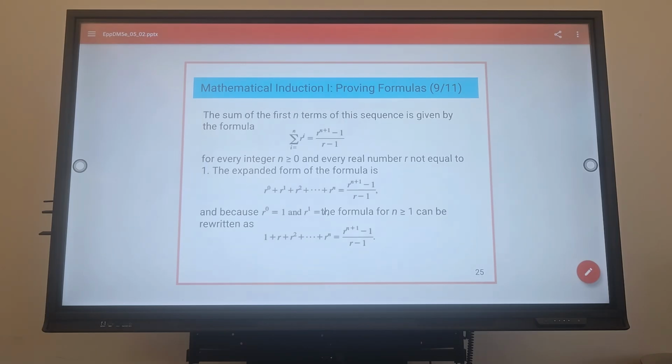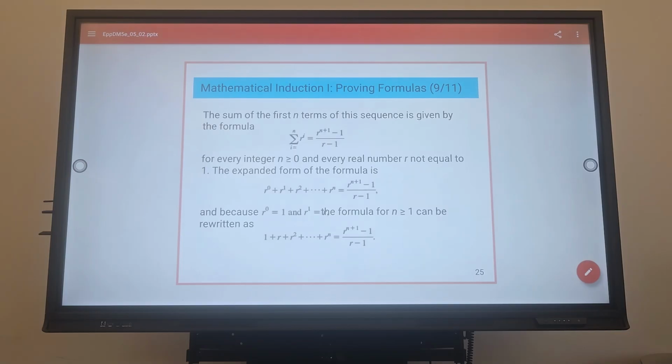The summation of r to the i, from i equals 0 to n, equals r to the n plus 1 minus 1 all over r minus 1, for every integer n greater than or equal to 0 and every real number r not equal to 1.